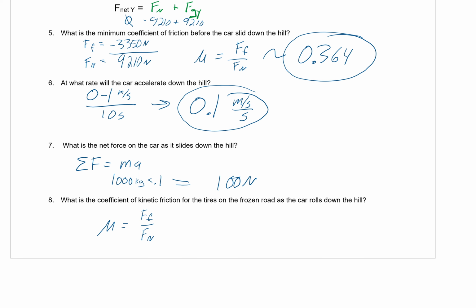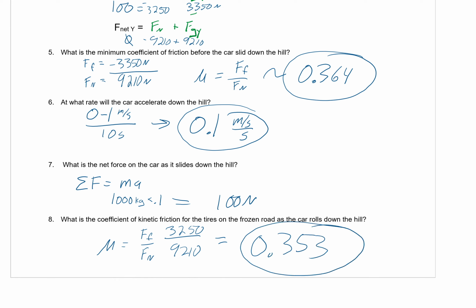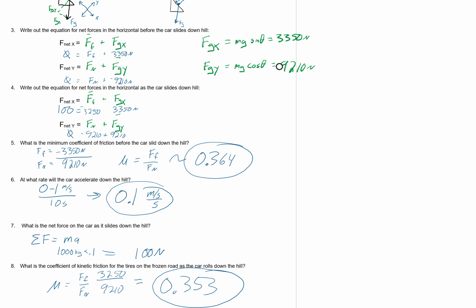That means it is 3,250 divided by 9,210. That gives you about 0.353 for a coefficient. Okay? That's our deal.